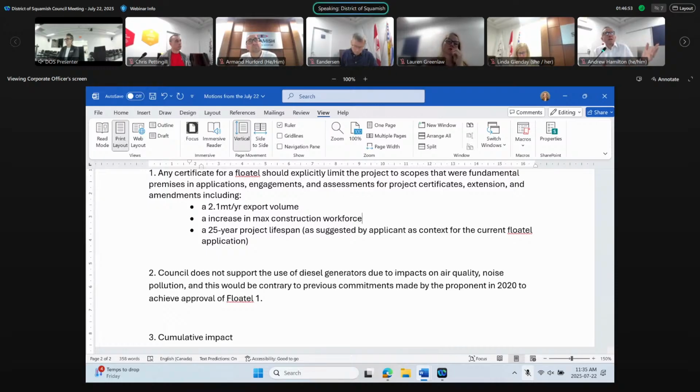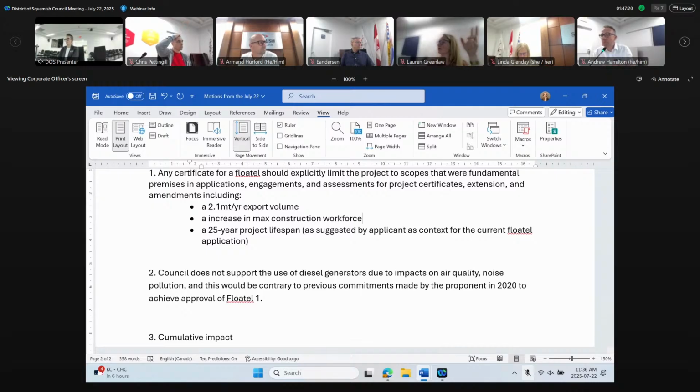If that was a desire, this is not a mechanism to achieve that. I don't see how the consideration of a flotel would be tied to that. And the project lifespan, I don't see that being connected either, because 25 years from now, I can't imagine any promise being made of a flotel holding up that they have to shut down the project in 25 years.